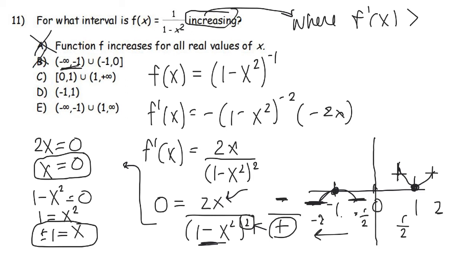It looks like there's a typo here. I think that should be parentheses there. So from 0 to 1, we were above the x-axis. The derivative was above. And then 1 to infinity, it was also above. So my answer choice is C. Okay, on to the next.